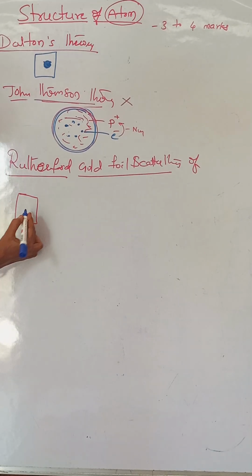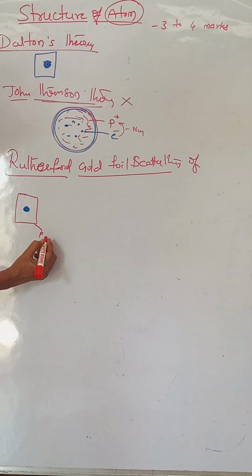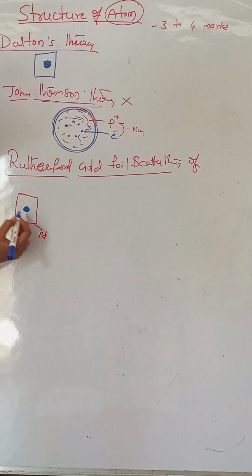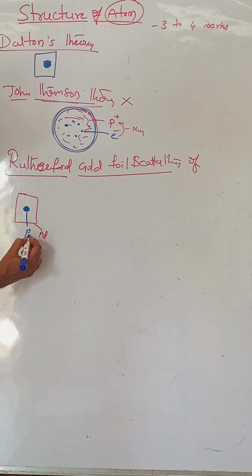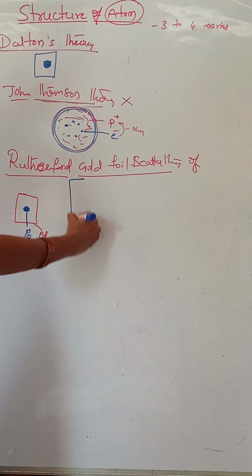Rutherford takes polonium in a box of lead. This box is made of lead and the polonium is a radioactive element. Next, a thin layer of gold foil.